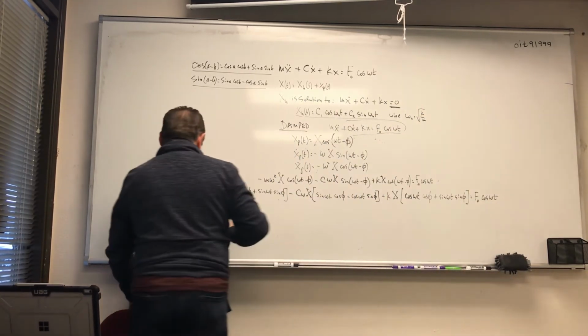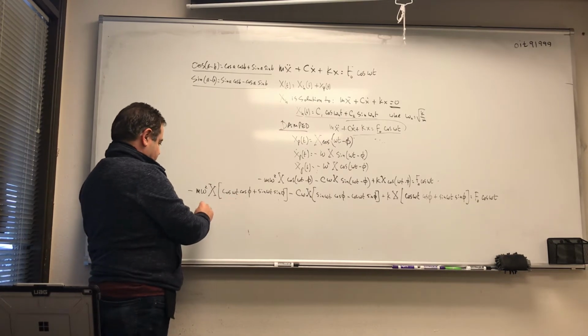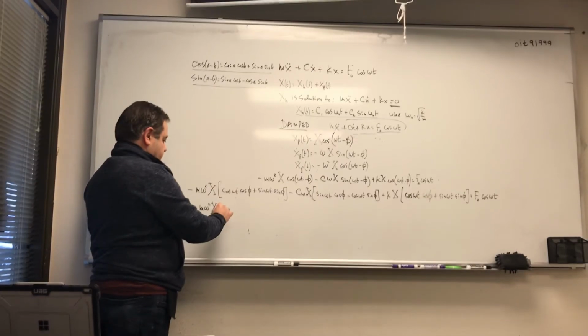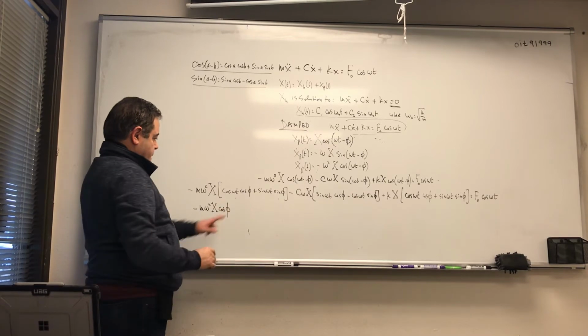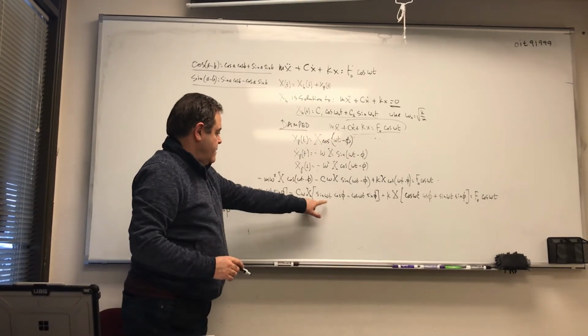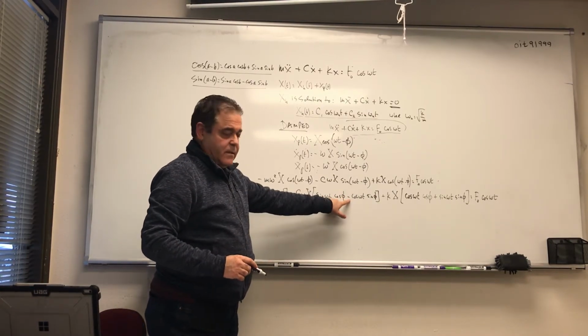So, okay, let's start. So anything that's got cosine omega t, so what would it be? Minus m omega squared x cos phi, right? This guy no. This guy no. How about this guy? Minus and minus becomes a plus.